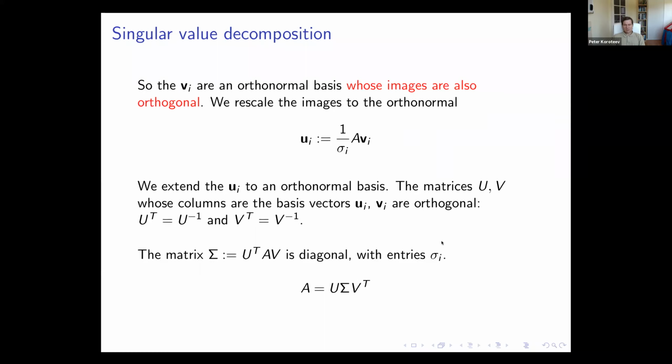And that provides us with the singular value decomposition of this matrix A. Right, so it's U, which is the matrix whose columns are the orthonormal basis of images of vectors V_i, times the diagonal matrix of singular values, or square roots of the eigenvalues, times the transpose matrix of columns of basis V_i.